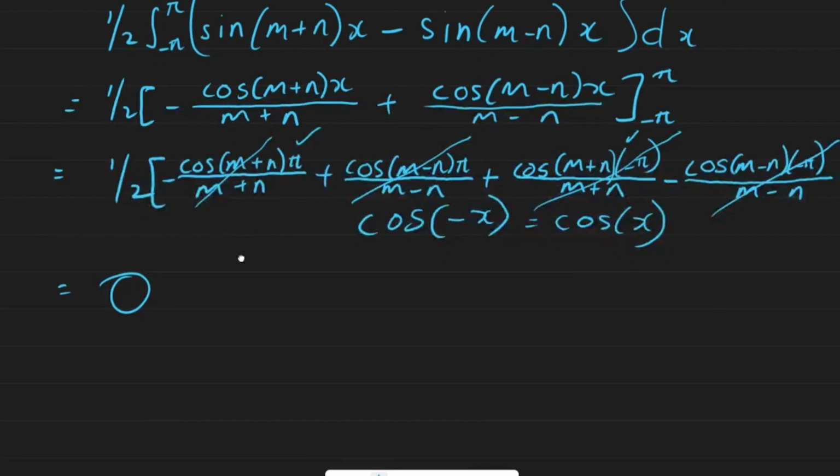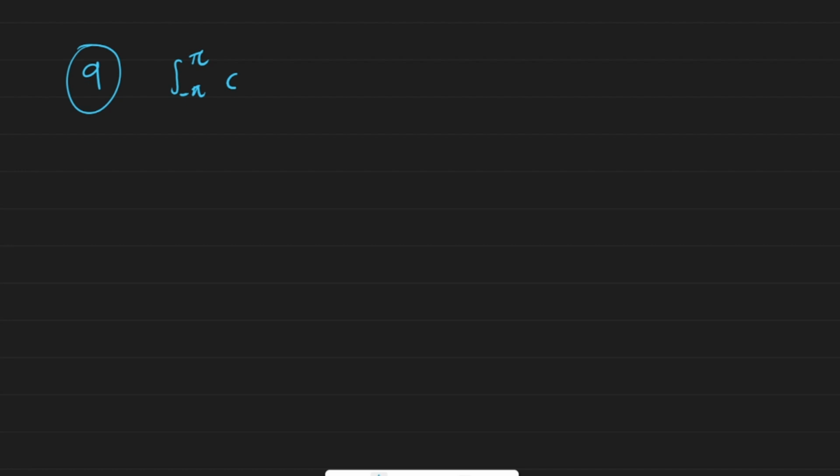So the final integral that we're going to look at, that's number 9. So the last integral that we're looking at is the integral from minus pi to pi of cos mx times sine mx.